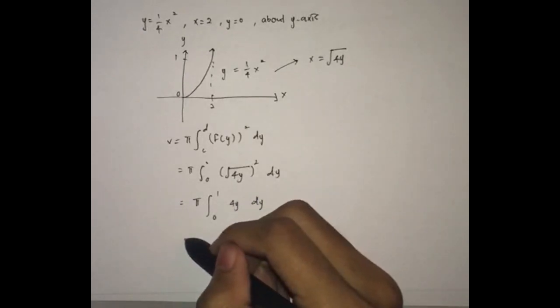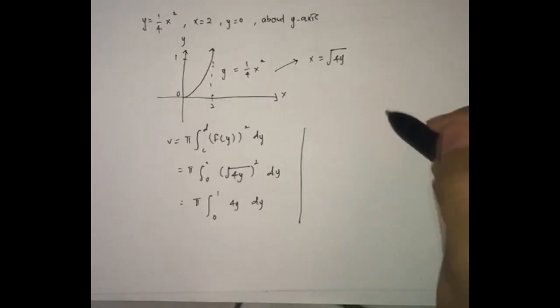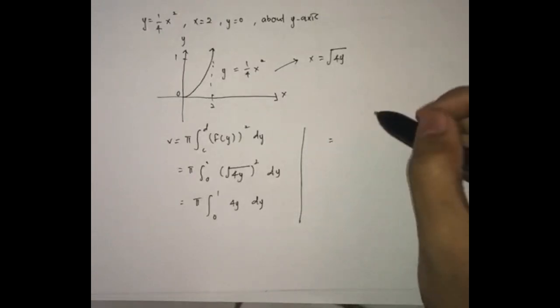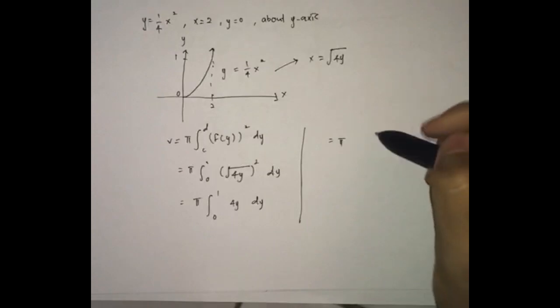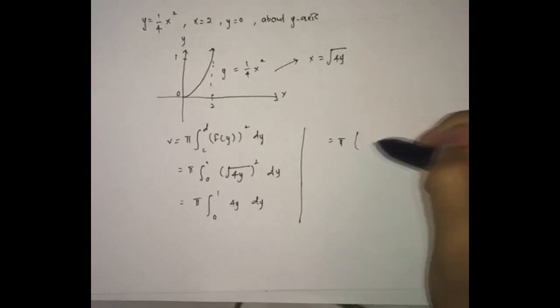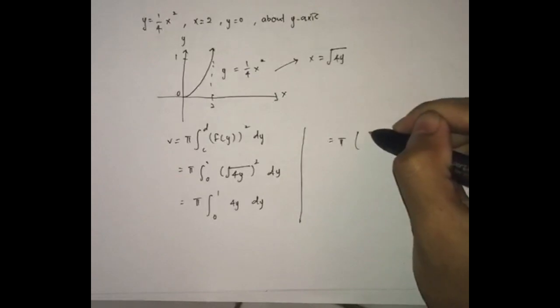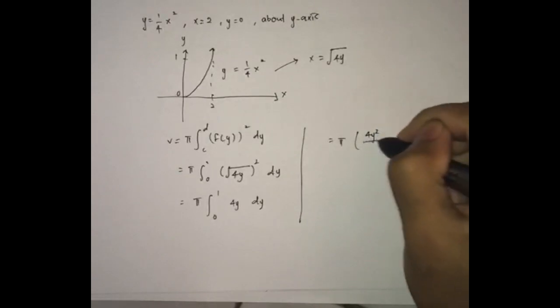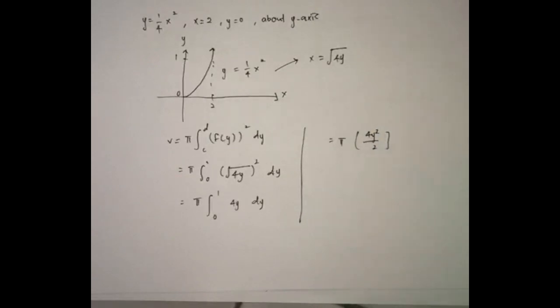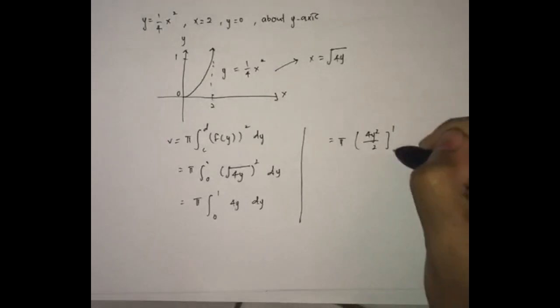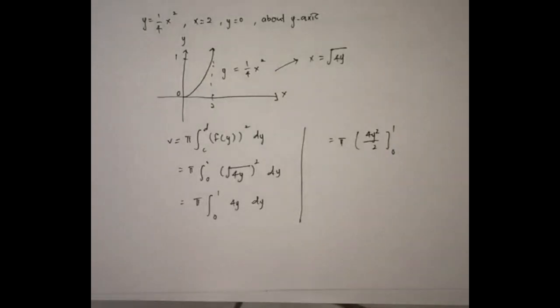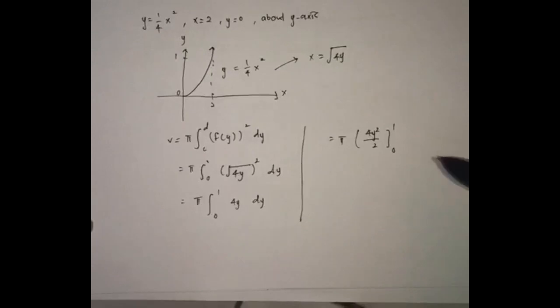And we integrate 4y. We integrate 4y will be 4y squared over 2, from 0 to 1. And then we are going to substitute the 1 and 0 into it.